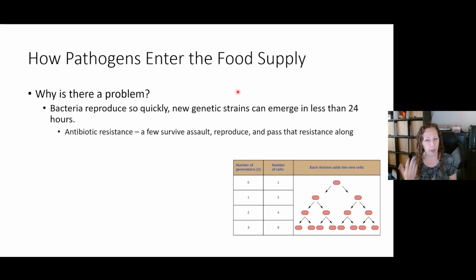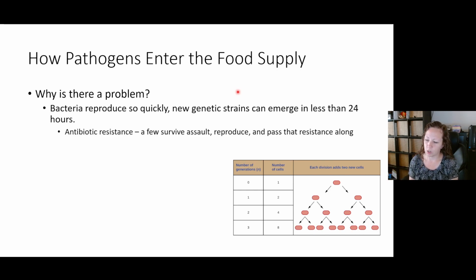And so how that impacts the food industry is when animals are given antibiotics at low levels, and this has been the case in some parts of the livestock industry, they've given antibiotics at low levels not to kill disease, but to actually improve performance of the animals, so the animals grow bigger, better, faster.